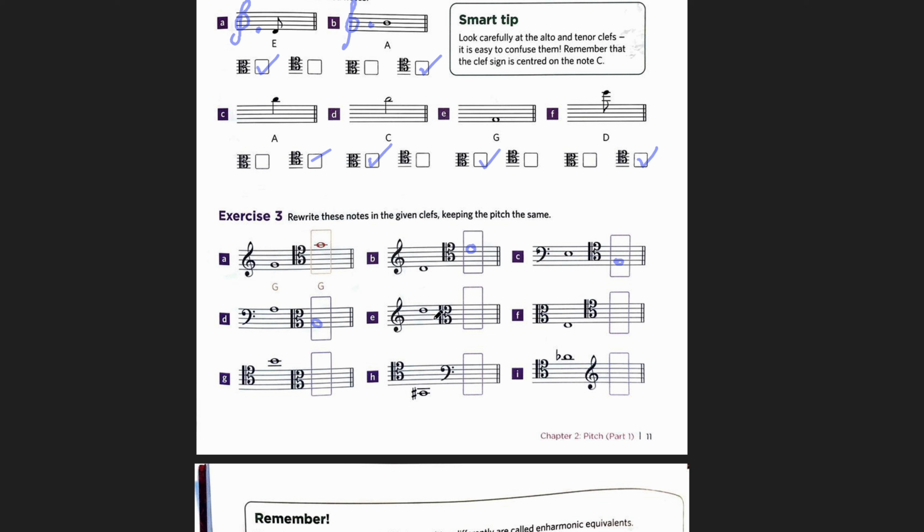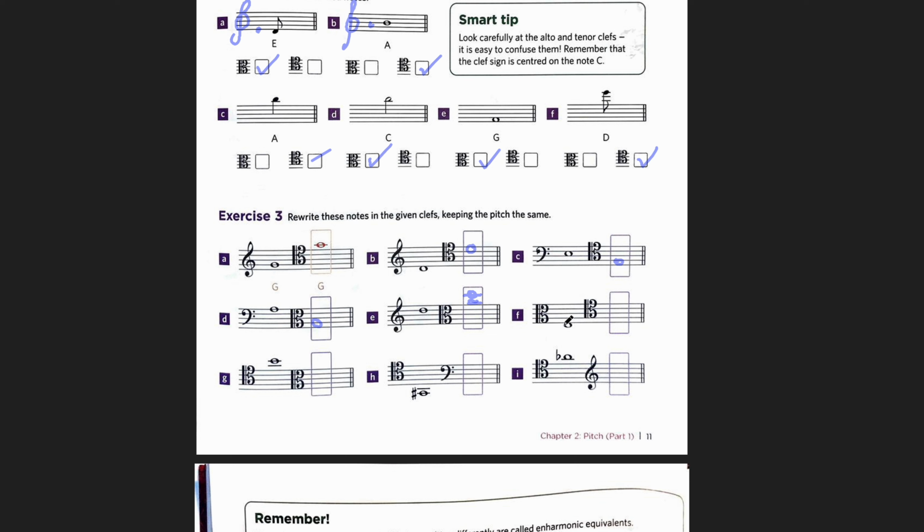This is a high D. So C, E, G, B, D. That's it.